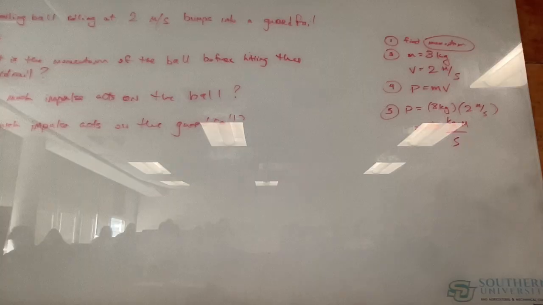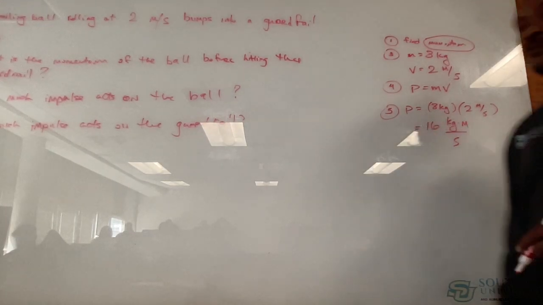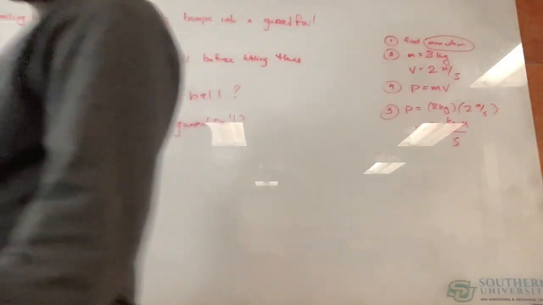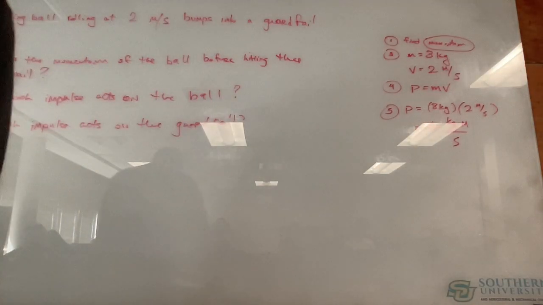Kilogram times meter over second squared is a Newton, right? Mass times acceleration. This is mass times velocity. So it's not quite a Newton, not a force, but it's similar. Not a force though. All right, so 16 kilogram meters per second.